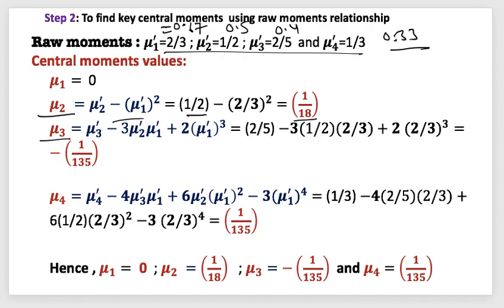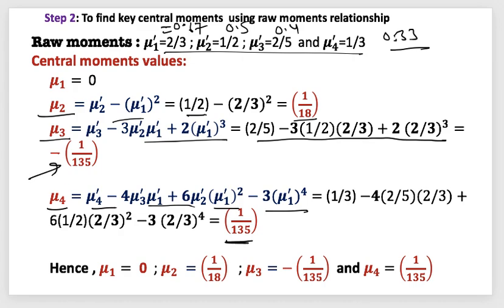And mu3, when I substitute, you can also cross-check the answer, I get minus 1 upon 135. And mu4, when I substitute in this formula, which is a relation with the raw moments, we get plus 1 upon 135. From here also I get an idea that mu3 is negative, meaning it is negatively skewed.